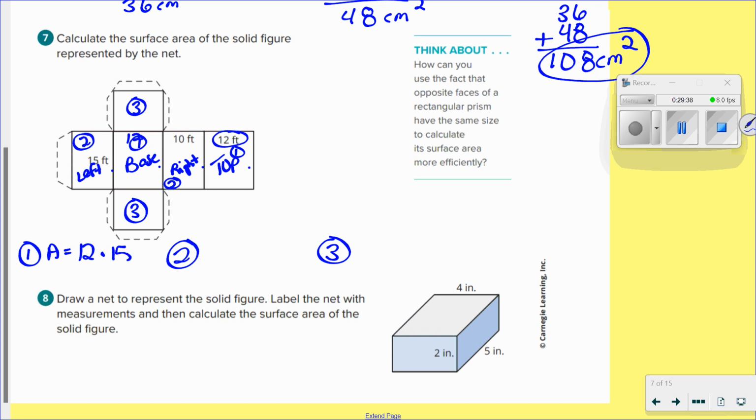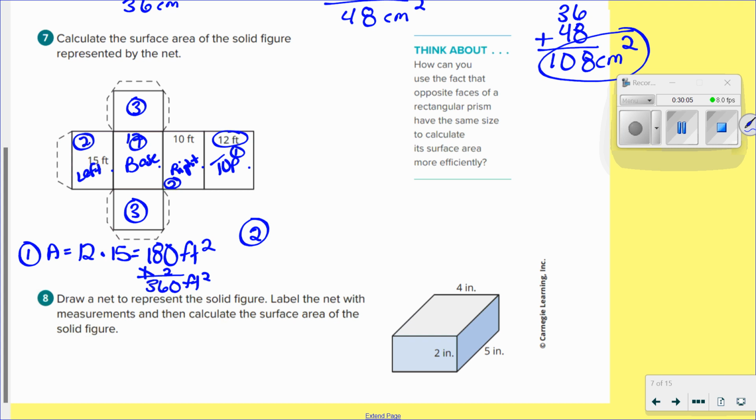Make sense? So what is the area? 180 feet squared. But that's just my base. What do I know? I have 2 of them. So I'm going to multiply and get 360 feet squared. Make sense?